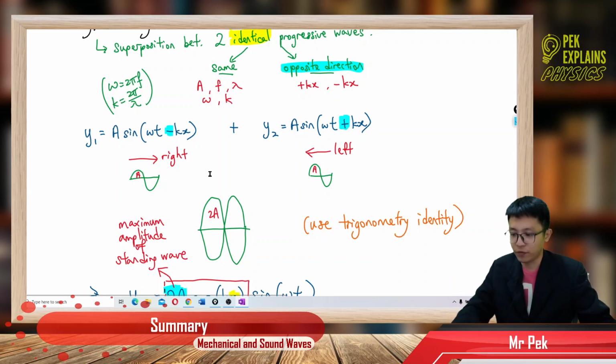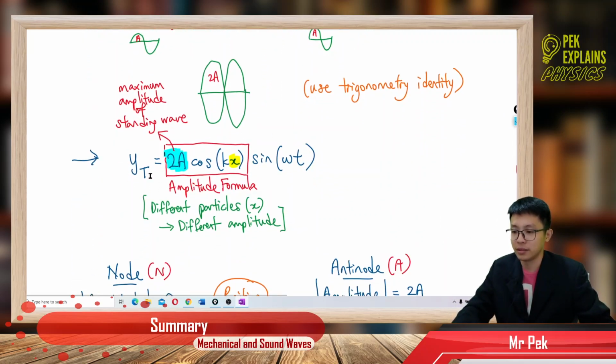You add up. Finally, you will get the equation for the stationary wave: y total equals 2A cos kx sin ωt. 2A cos kx is actually the amplitude formula.